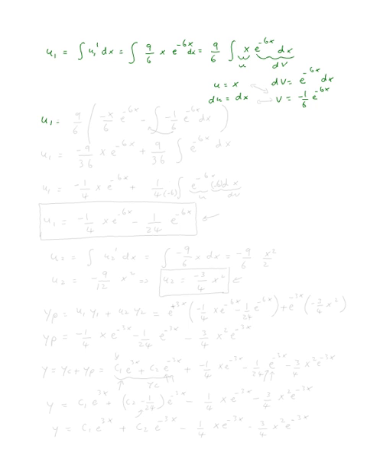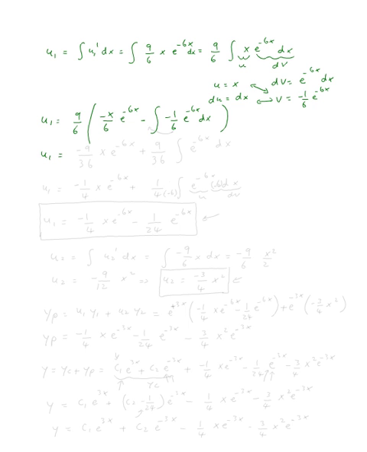So u1 is equal to 9/6 factor, uv, multiply these, minus x/6 e^(-6x), minus integral of v du, multiply these, so you get minus 1/6 e^(-6x) dx.